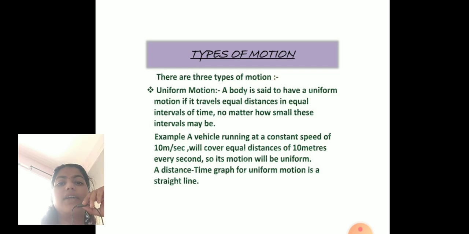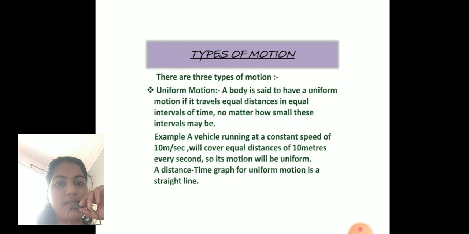It means that the distance traveled and the time consumed for traveling that distance are equal, and this type of motion is known as uniform motion, no matter how small these intervals may be.